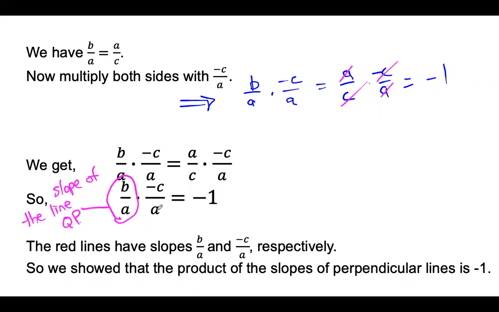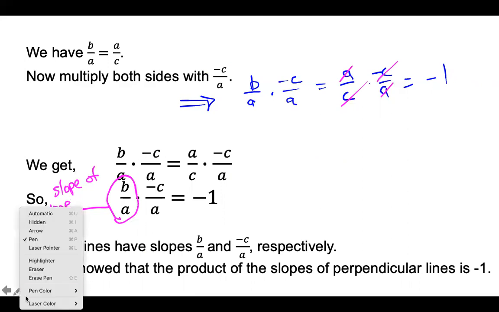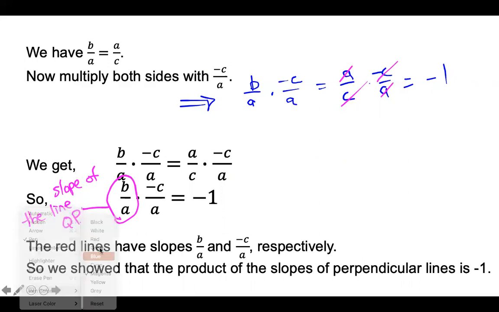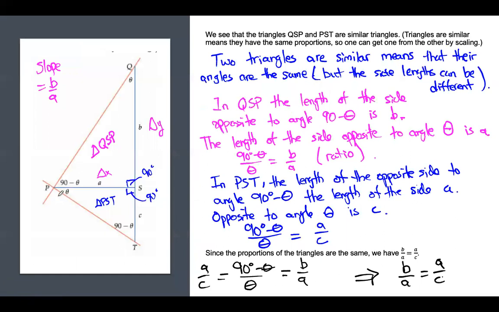QP. And the other one, what color was it? I think it was in blue. You can see this is going to be, in a sense, your rise over your run, but you're going downwards, obviously. So this is sort of like negative the rise because you're going down instead of up.